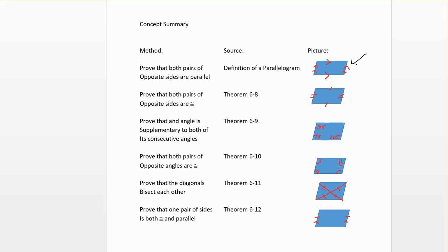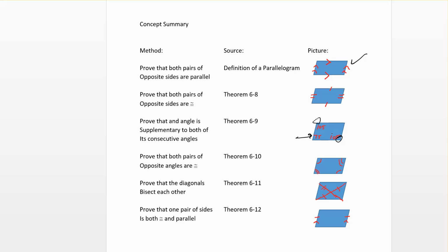The second way is to prove that both pairs of opposite sides are congruent. That's theorem 6.8, and you can see the diagram where both pairs of opposite sides are marked congruent. The third way is to prove that an angle is supplementary to both of its consecutive angles. That's theorem 6.9. In the picture, I've got an angle marked at 75 degrees, showing that it's supplementary to both of its consecutive angles.